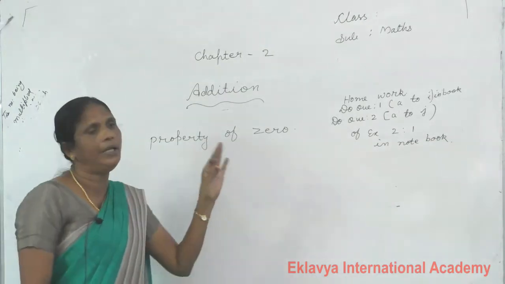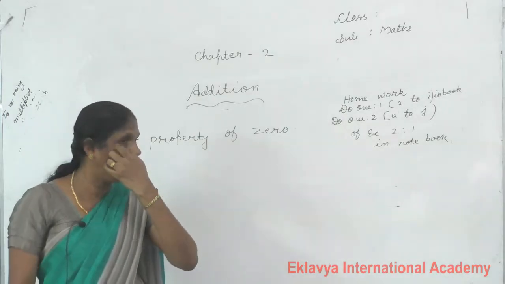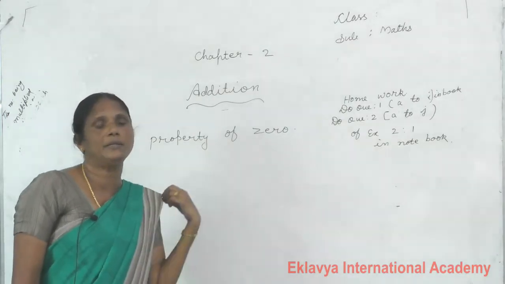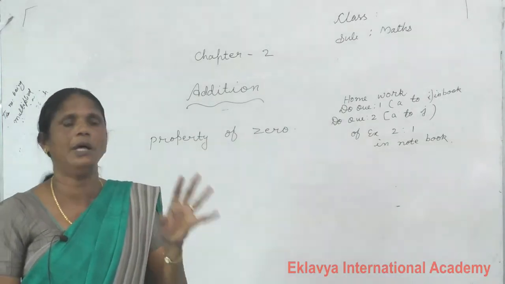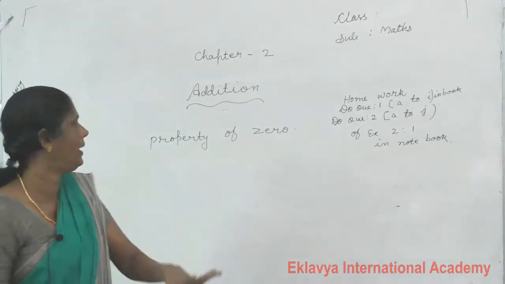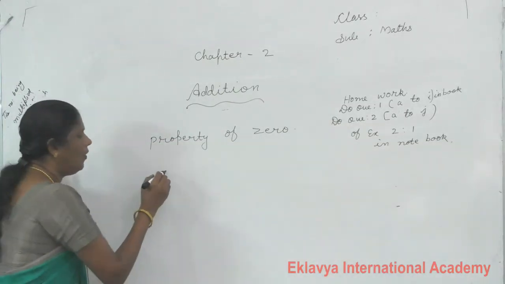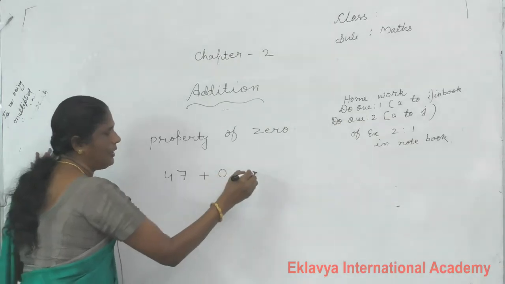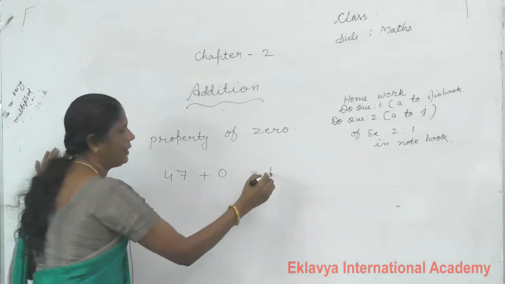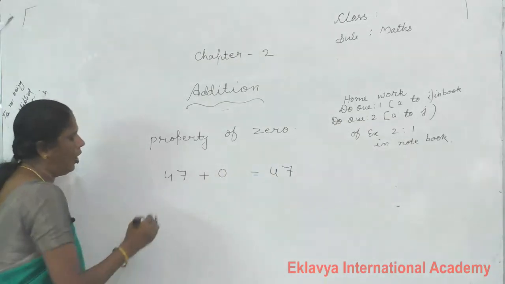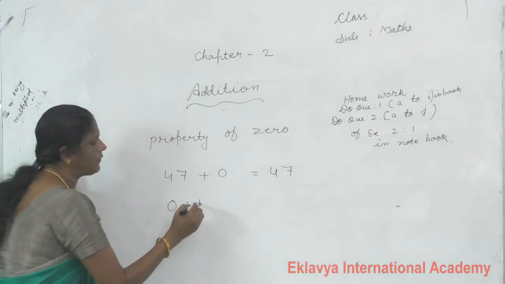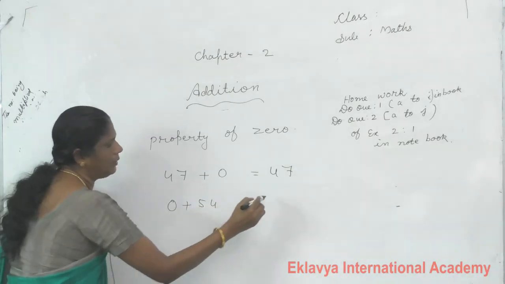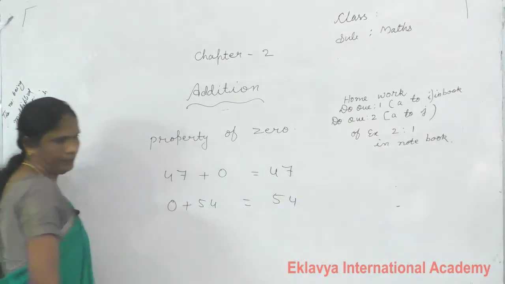The answer is the number itself. Listen, 47 plus 0 is equal to 47, or 0 plus 54 is equal to 54.